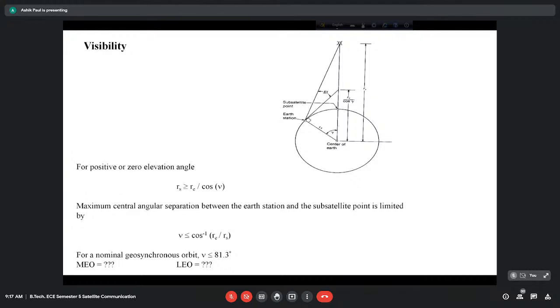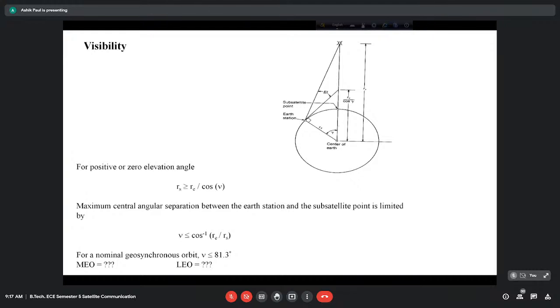Could you just check, simply putting the value of Re and Rs, whether you are actually getting this value or not? Yes, sir, I just checked. It is 81.276 degree. Okay, so this is for a geosynchronous satellite.